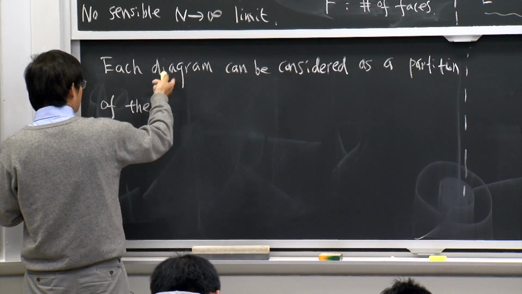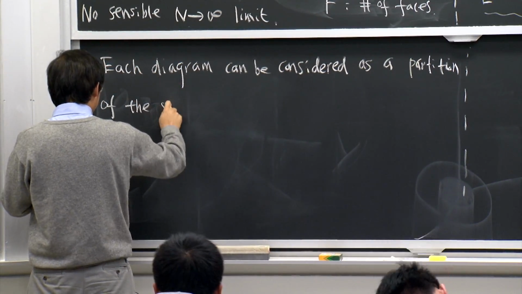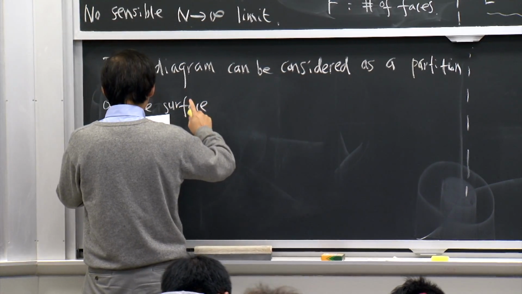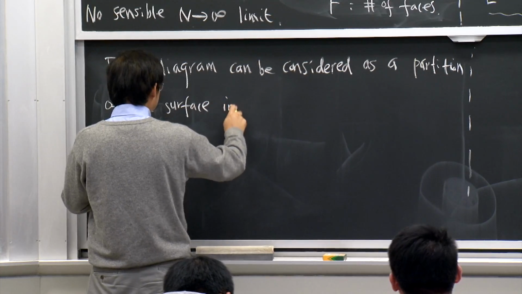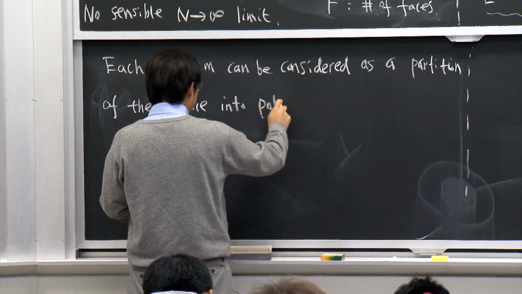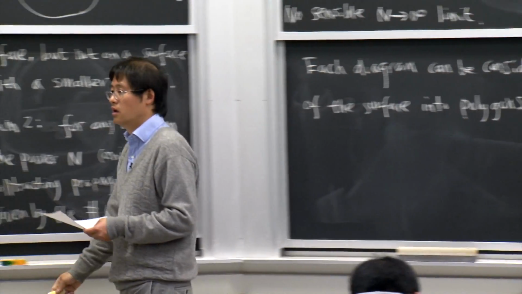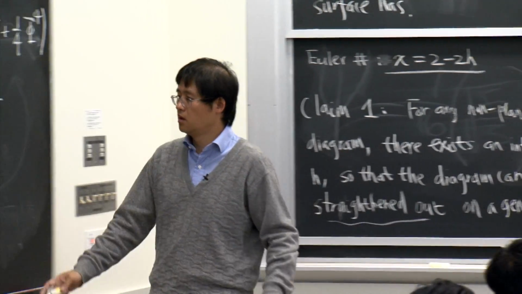So if you draw a diagram on the surface, it partitions that particular surface into polygons. Okay? Yeah, it's very clear here.